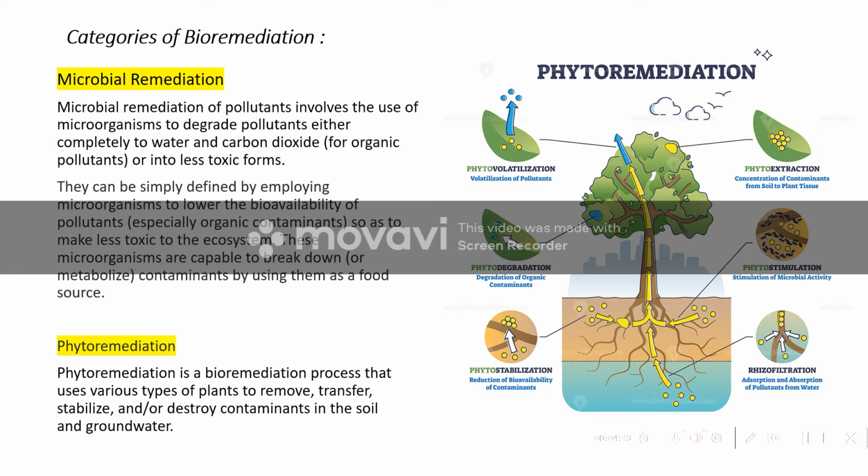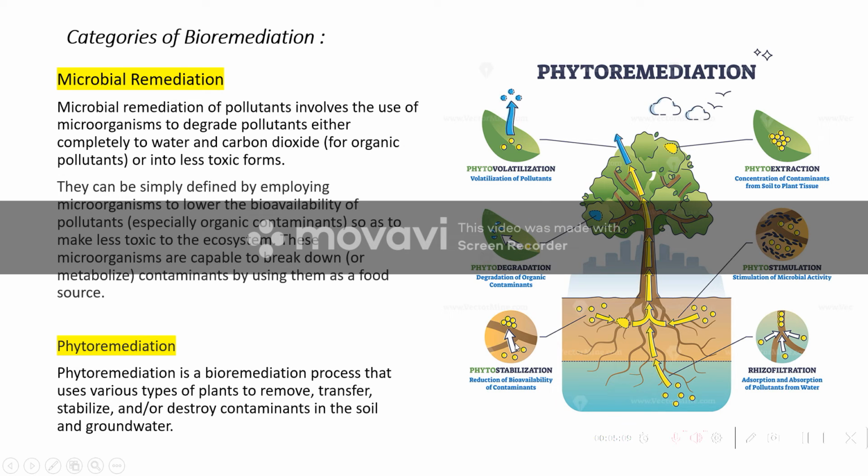Phytovolatilization, volatilization of pollutants. In this process, plants take up water containing organic contaminant and release contaminants into the air through their leaves. Phytodegradation. In this process, plants actually metabolize and destroy contaminant within plant tissues.